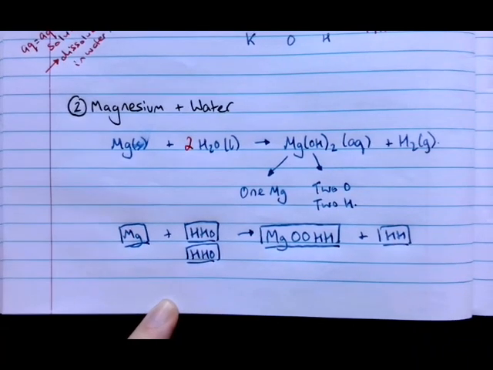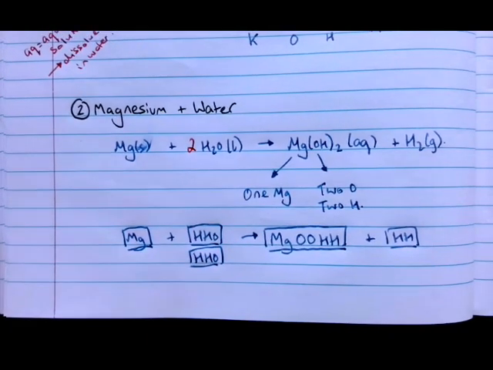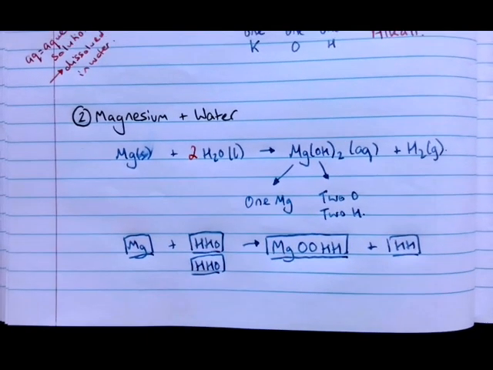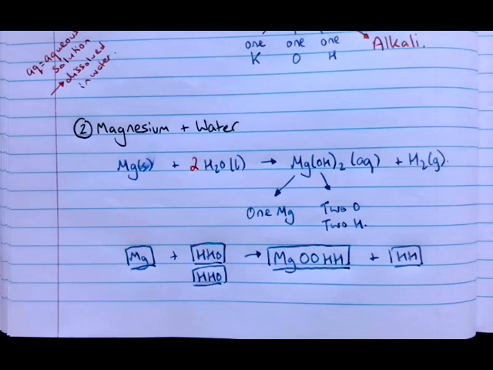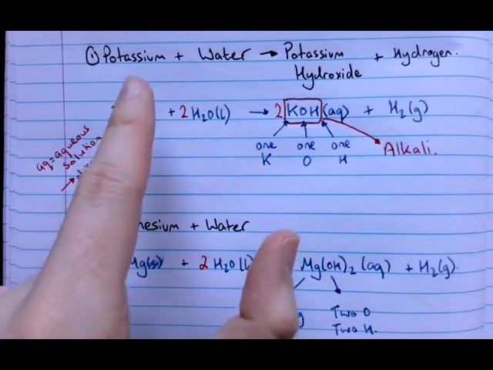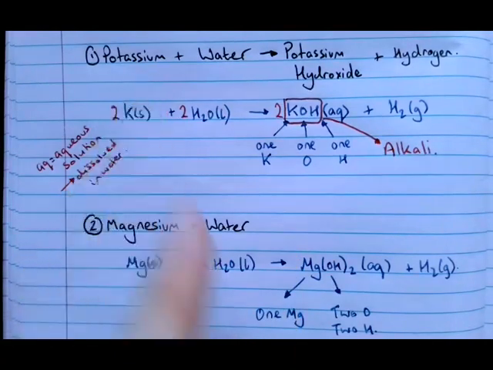Okay. So, just as with metals and acids and metals and oxygen, these reactions have different reactivities depending on the metal. So some metals like potassium react really, really strongly with water.